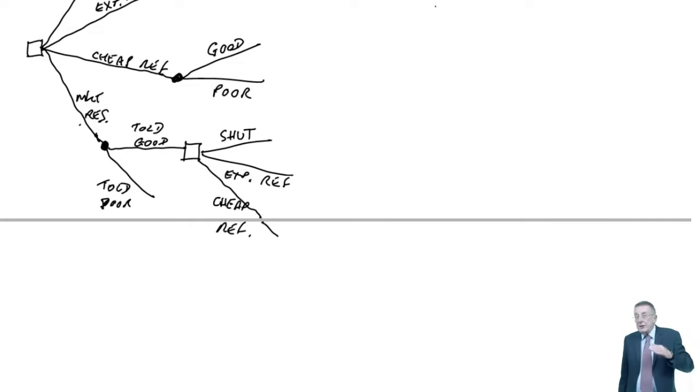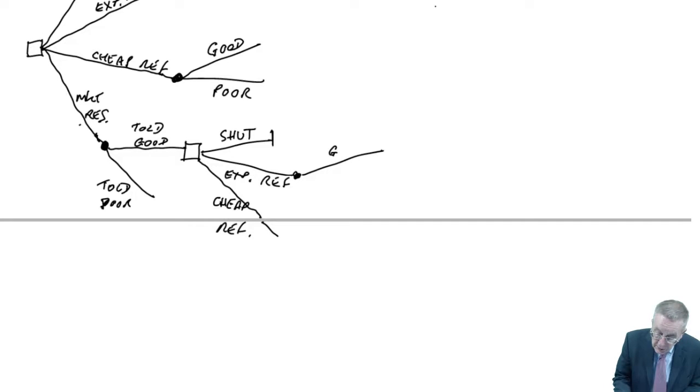Just suppose we end up deciding to do market research. Suppose they tell us it's good. Then we'll have to decide, maybe we'll shut and that's the end of it. Or maybe we choose to do the expensive refurbishment. But of course, even though they've told us it's good, they're not certain. So it may end up with a good result.